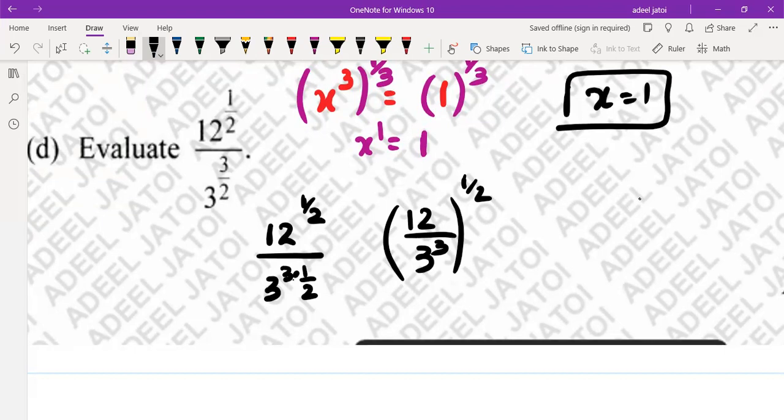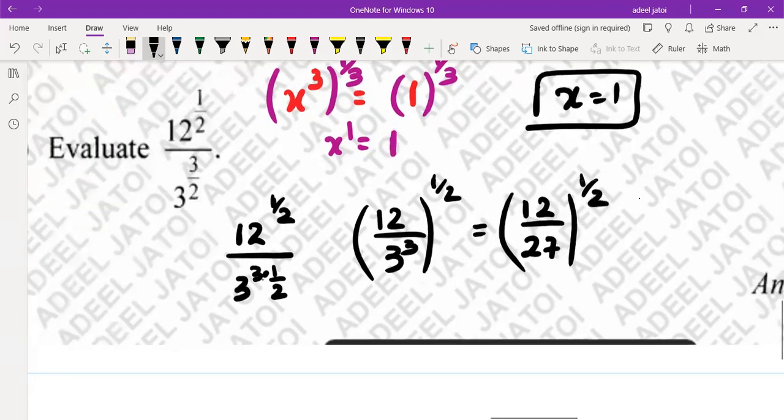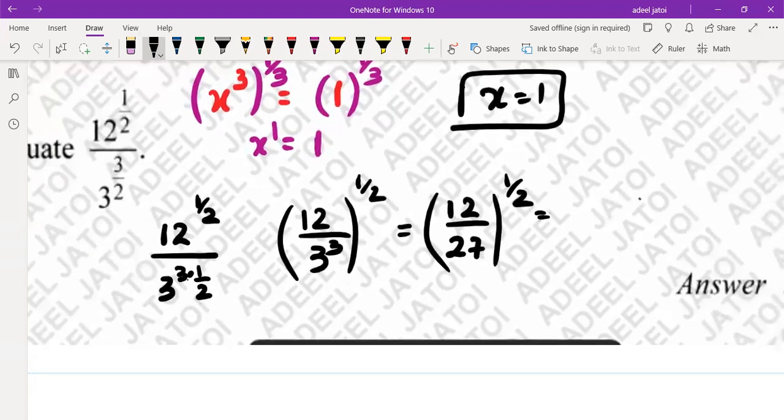That means we just took 1 upon 2 out of the bracket, knowing the fact that this should be written as 12 upon 27 to the power 1 upon 2. This should be 3 into 12 divided by 3 will be 4, where this should be 9, to the power 1 upon 2.